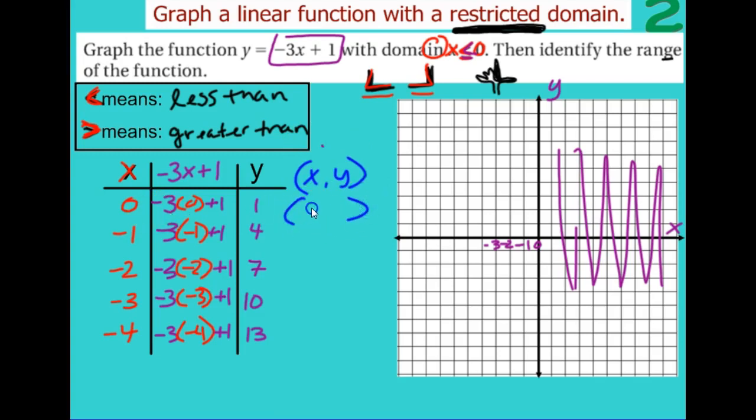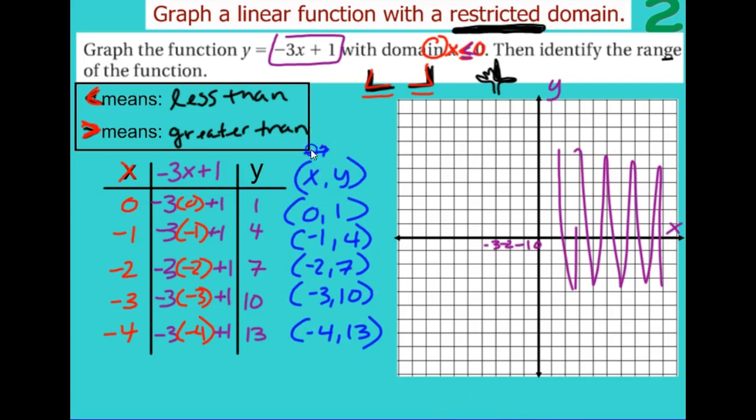So let's plot our points x, y. Our x is 0, y is 1; x is -1, y is 4; x is -2, y is 7; x is -3, y is 10; and x is -4, y is 13. So first, x is left to right, y is up and down. So x is 0, y is up 1.